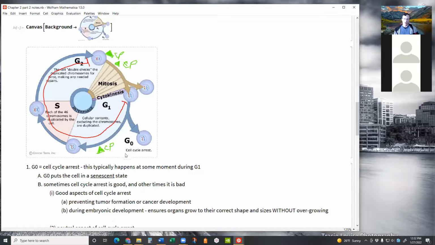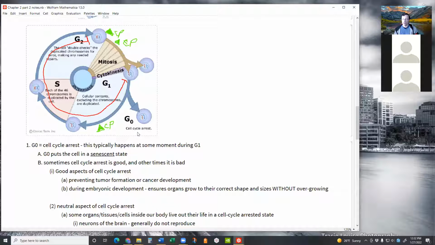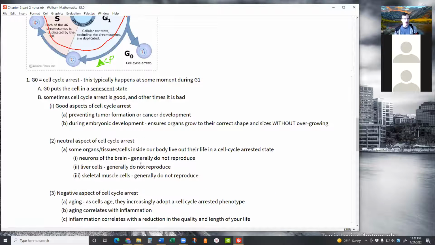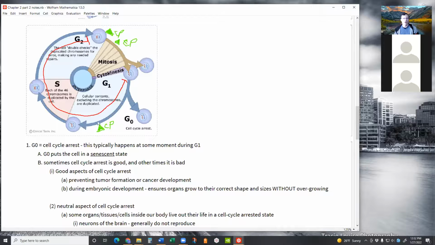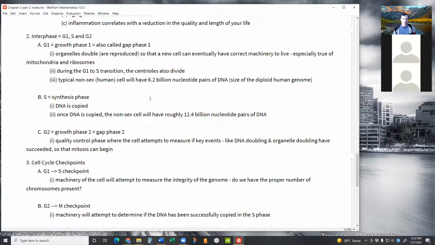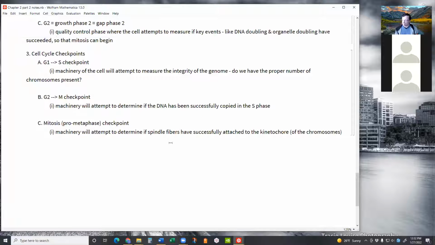We talked a little bit about cell cycle arrest, which is G0, and explained that there's some legitimate reasons why a cell might enter a non-proliferative state. And then we proceeded to talk about the various stages of the cell cycle, G1, S, G2, and we also outlined and commented on some cell cycle checkpoints. Okay, so those are things that we talked about from last time.